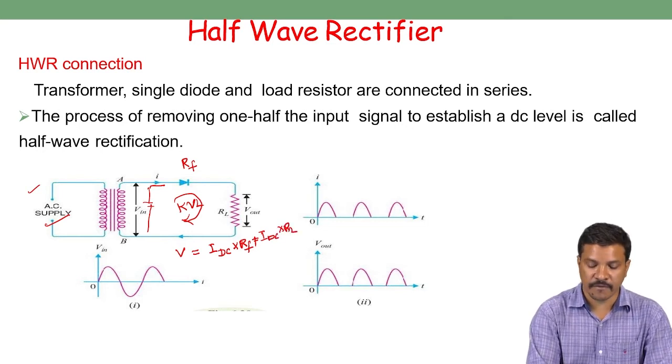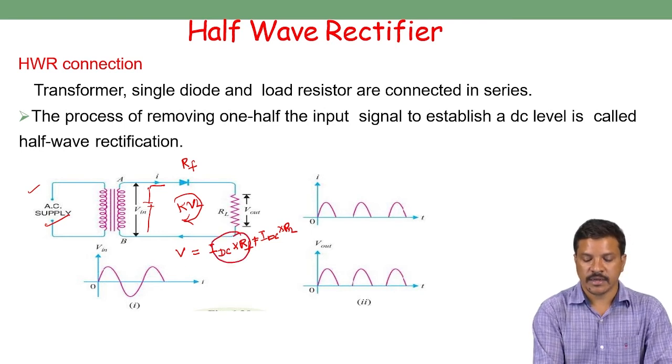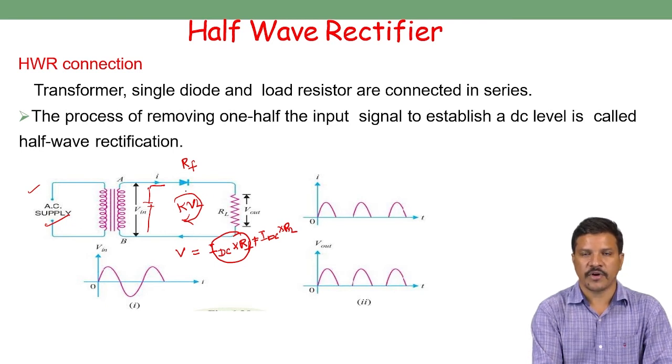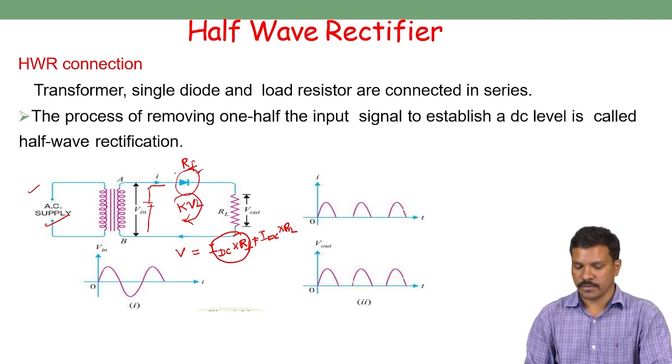So this is the total voltage drop across the forward resistance and the load resistor. When we want to find the DC output voltage, we subtract the voltage drop across the diode from the total voltage.